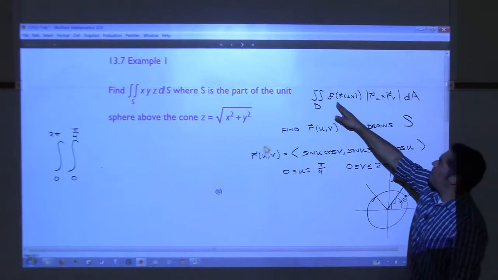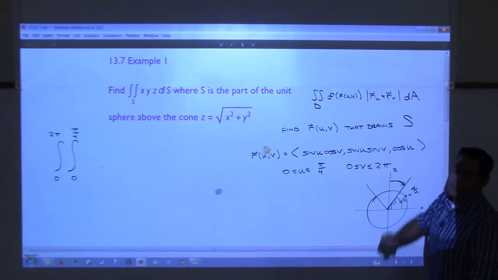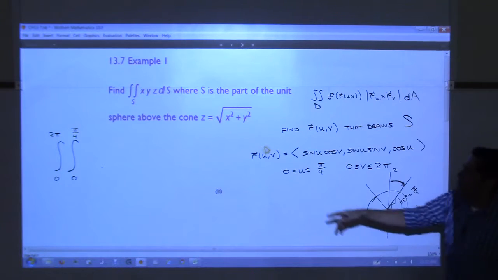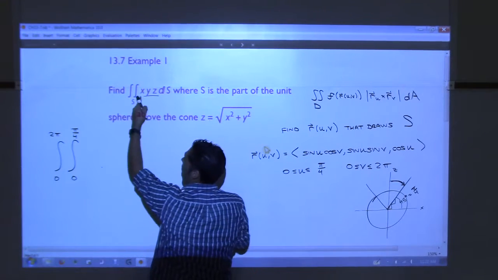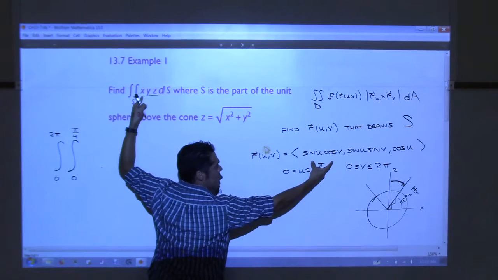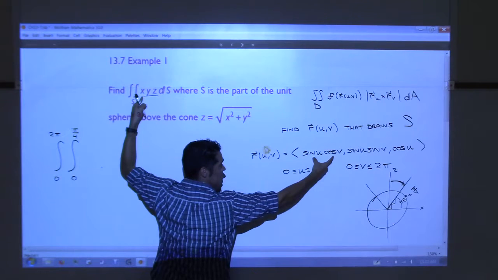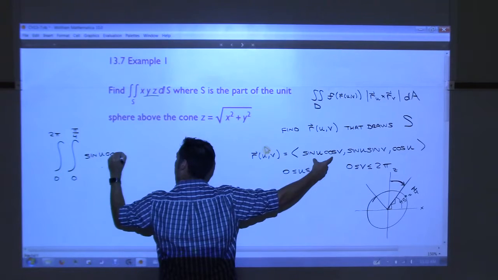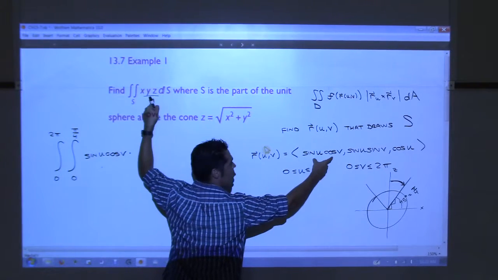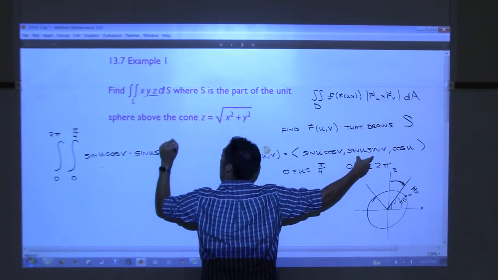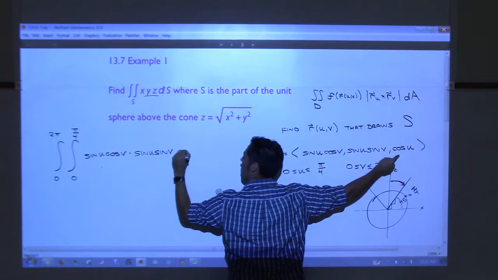What does f evaluated at a vector surface mean? Here's my function, x, y, z. I'm going to replace x with whatever the x component is of my surface. So it's sine u cosine v, times y, which is sine u sine v, and then z, which is cosine u.